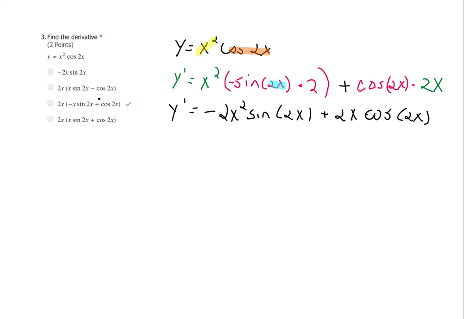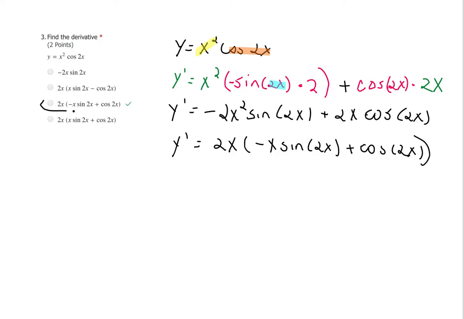But I know it's close to these last 3, so I'm going to take out a 2x and see what that leaves me with. So a minus 2x gives me a negative x sine of 2x plus cosine of 2x. And therefore my correct answer is this next to last one.